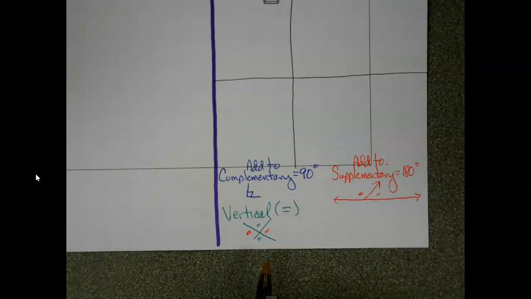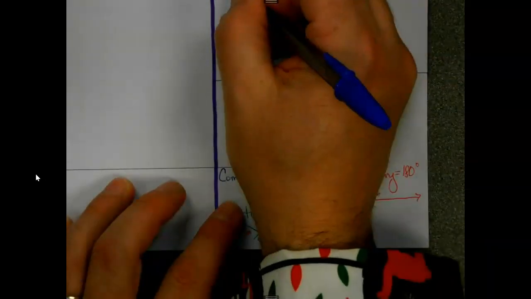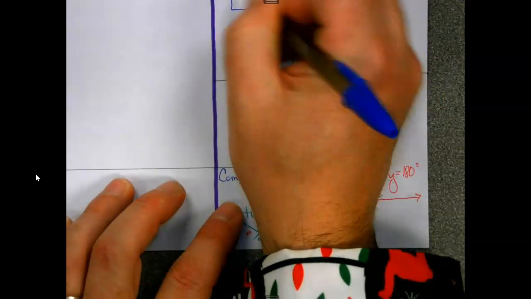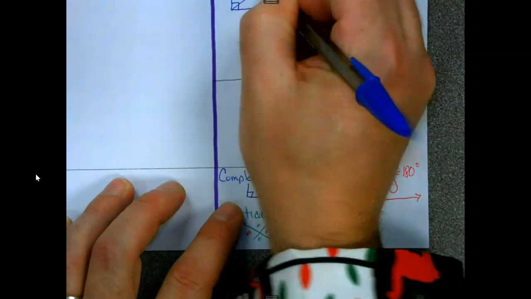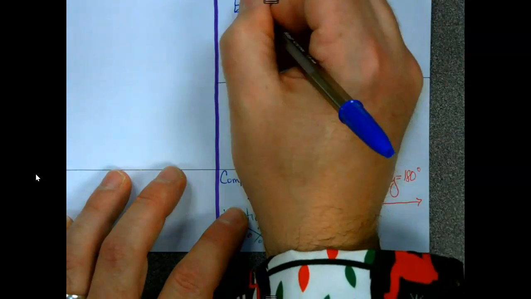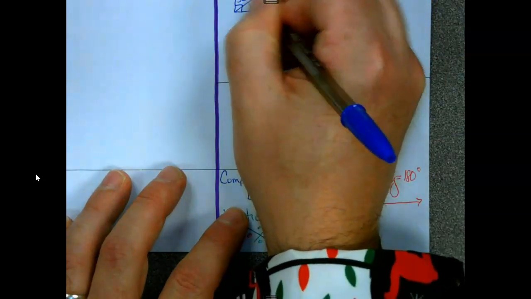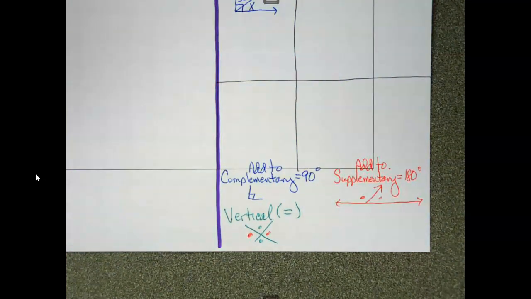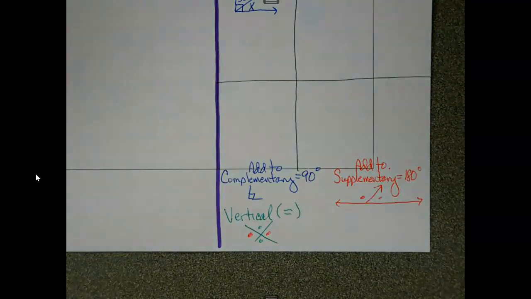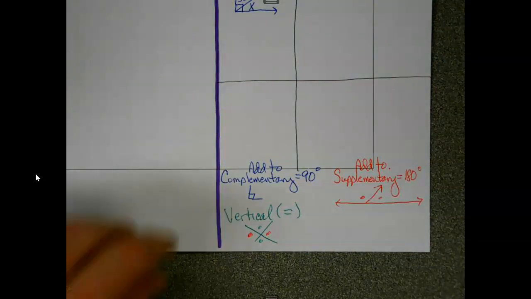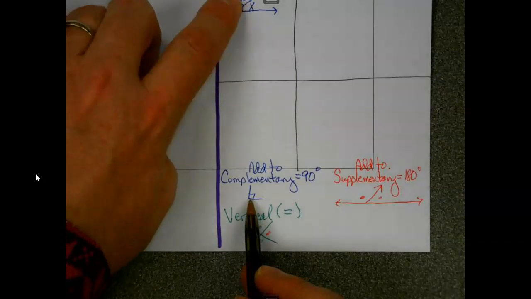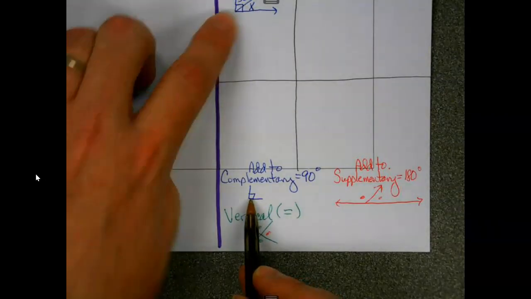So let's find a complementary here. Again, I'm stealing these right off the review. And so I see the right angle, which means these two got to equal up to 90.